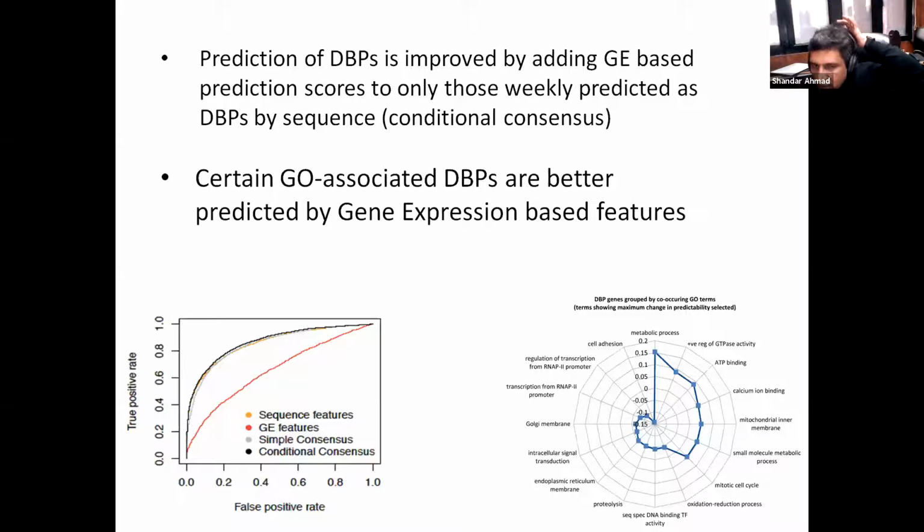So we tried to combine these two and predict the DNA binding function activities with the help of these two features taken together. And we showed that there are some proteins which do not have a very strong sequence level or structure level signature of DNA binding. But if certain genes are co-expressed in a given cell, they may perform this function.